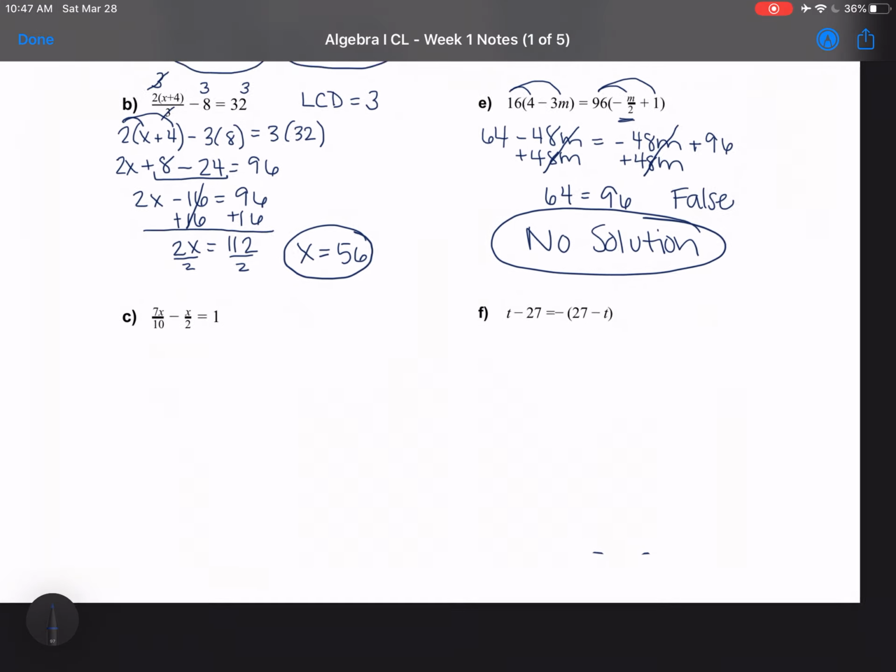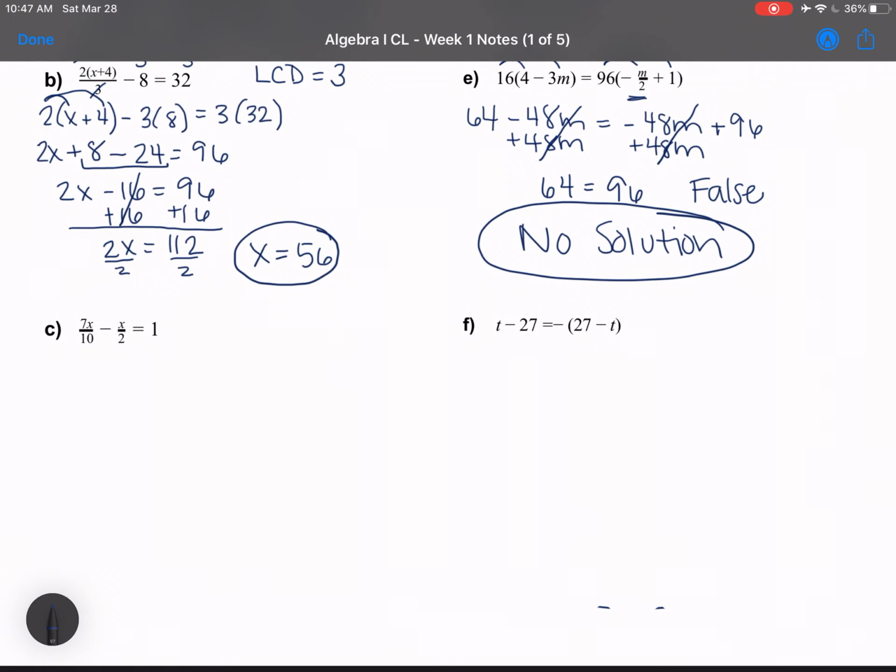Alright, moving to C. We have 7x over 10 minus x over 2 equals 1. So we want to find our least common denominator. What we're looking at is what number can divide 10 and be divided by 2. And that happens to be 10.